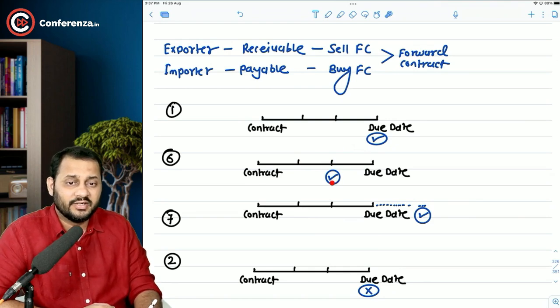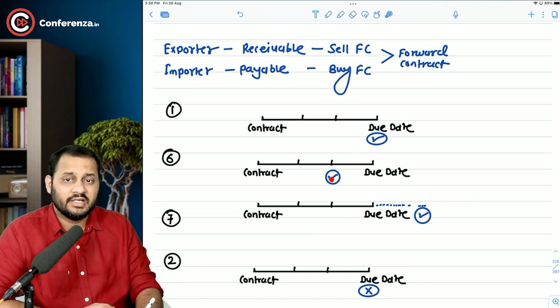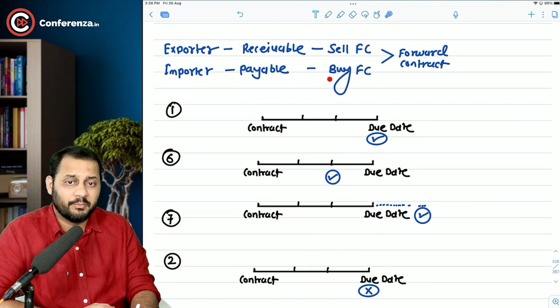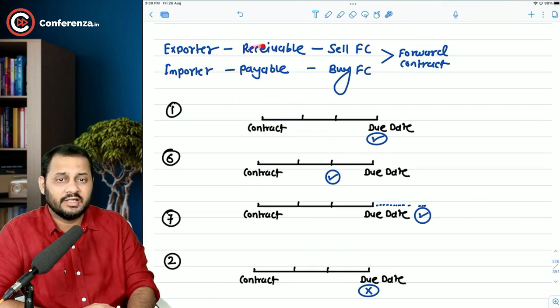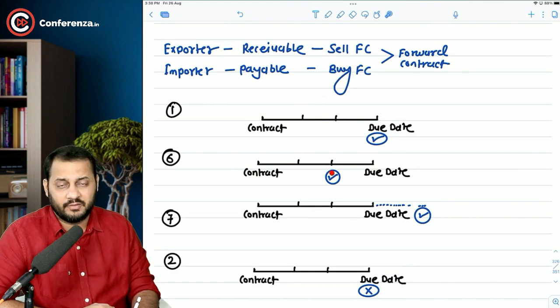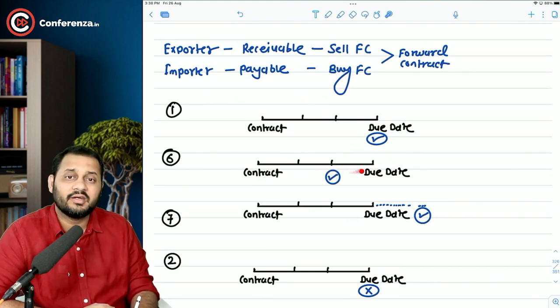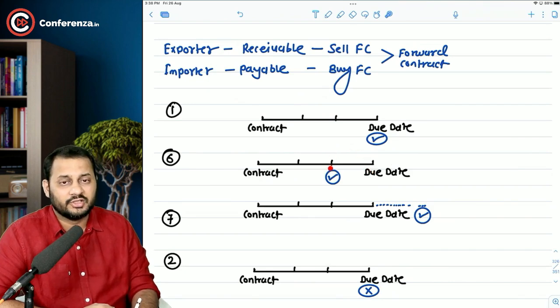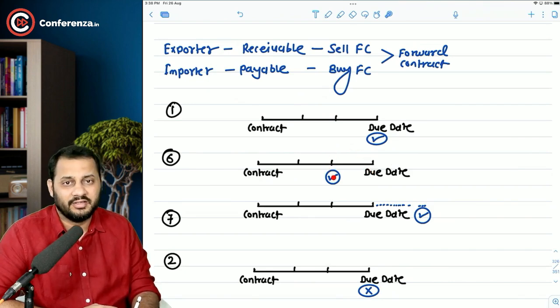So if the importer is buying foreign currency before due date or exporter is selling foreign currency before due date, we will call it early delivery. Delivery is happening, but it is before due date. So it will be called delivery before due date or early delivery.